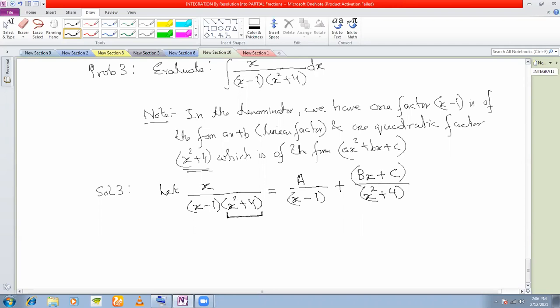For a linear factor, you will take a constant, just like I have taken here, a by x minus 1. Please remember, just as you take a constant for linear factors, here you will take a linear factor in the numerator because in the denominator you have a quadratic factor. Is that absolutely clear?